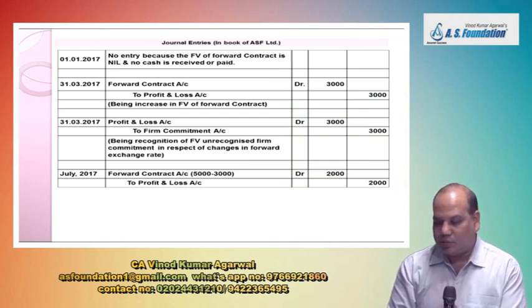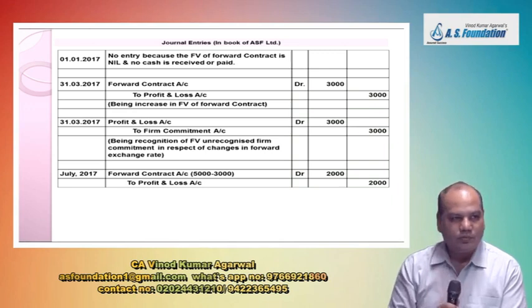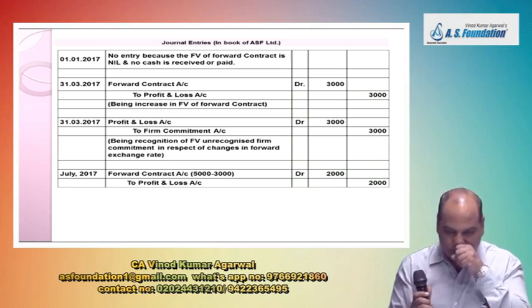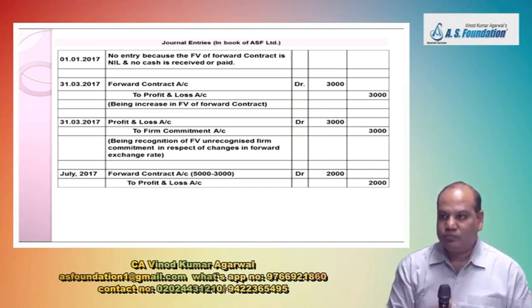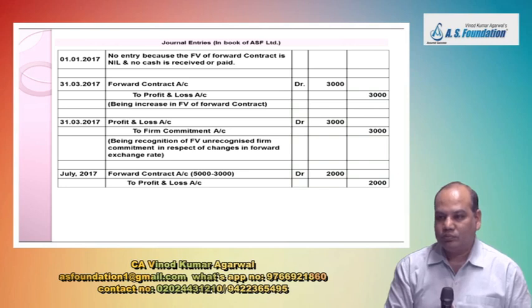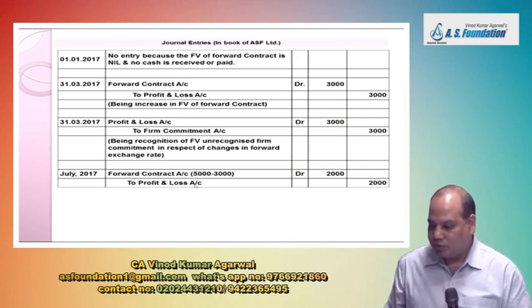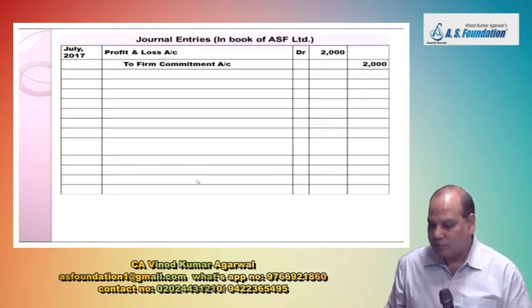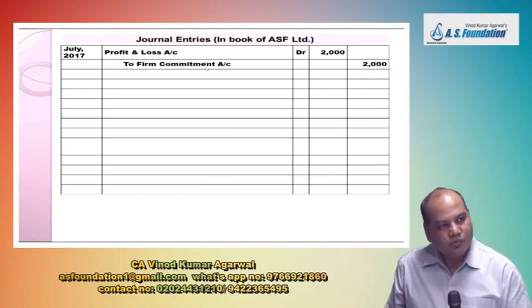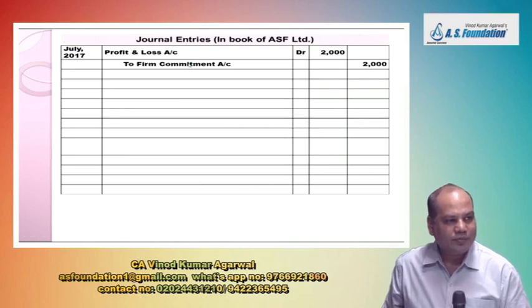Forward contract account debit 2,000 to P&L account 2,000. Being change in fair value recognized, which means the firm commitment will have 2,000 loss.